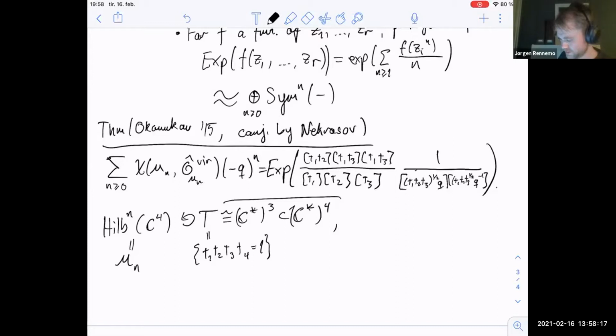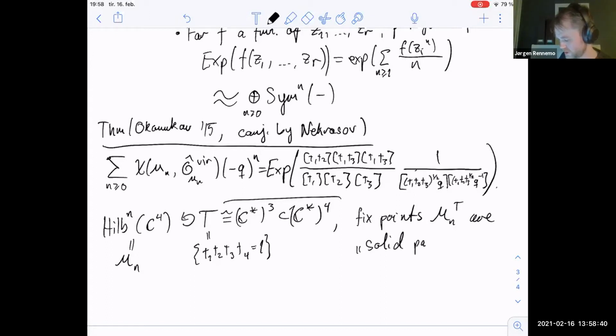And similarly to the 3D case, we have complete control over the fixed points. The fixed points are solid partitions.